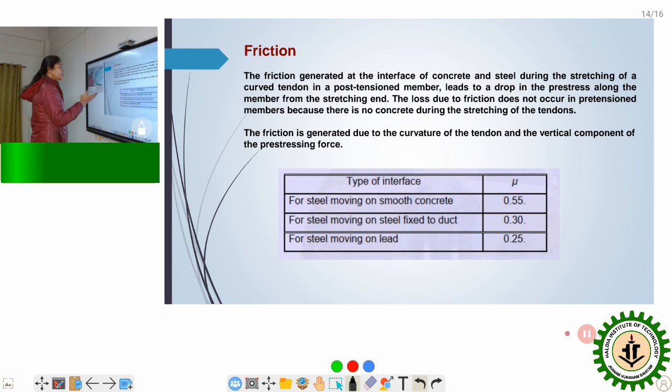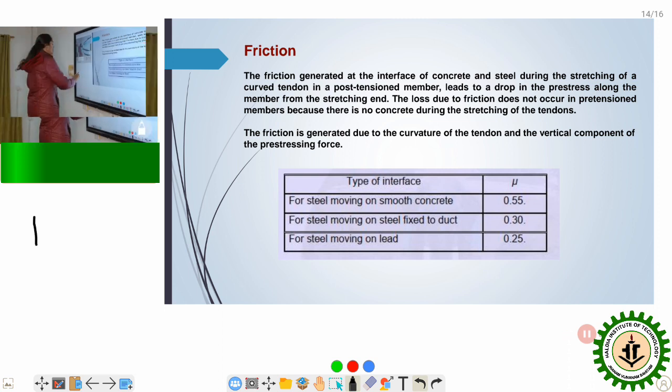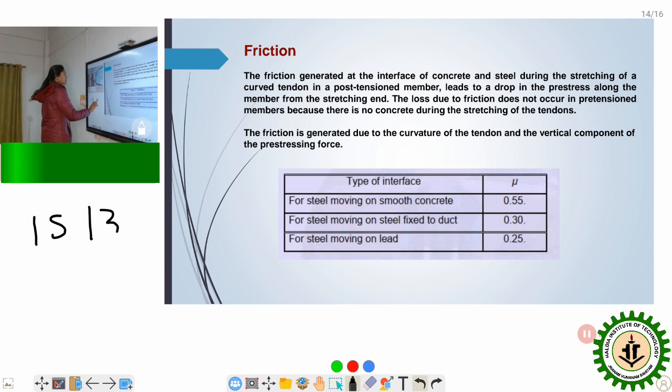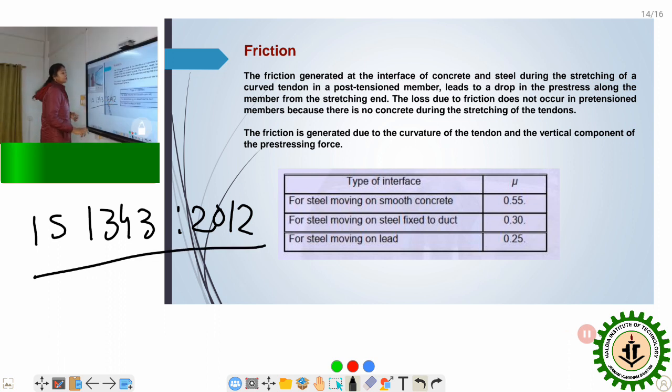For frictional losses, the coefficient of friction comes into play. For the coefficient of friction, we can always refer to IS 1343:2012, where the values have been provided according to the type of interface the concrete and steel are undergoing.